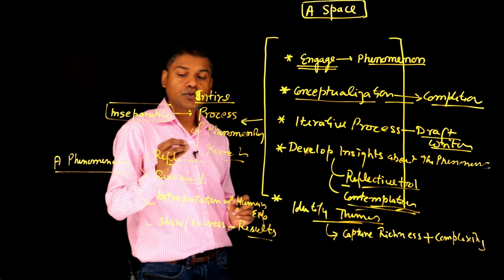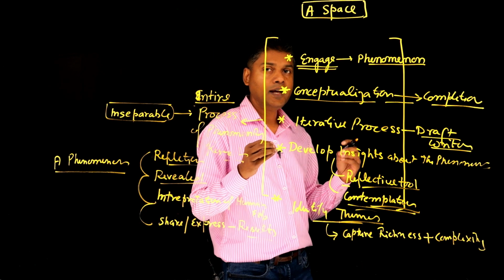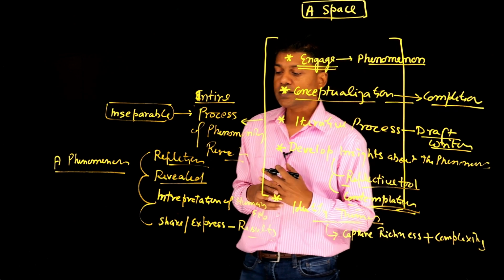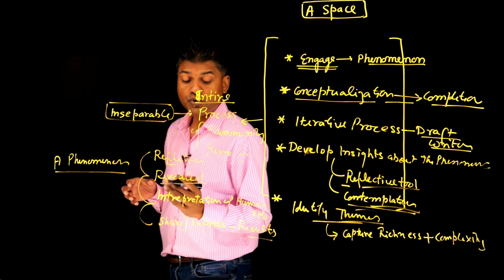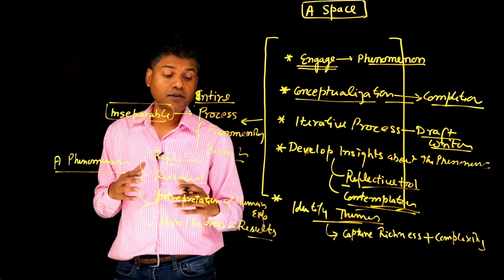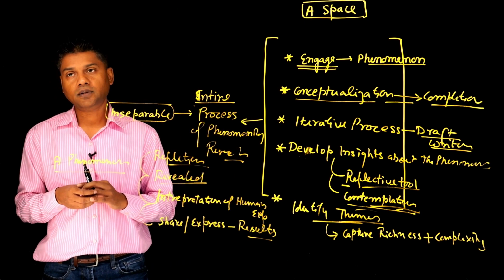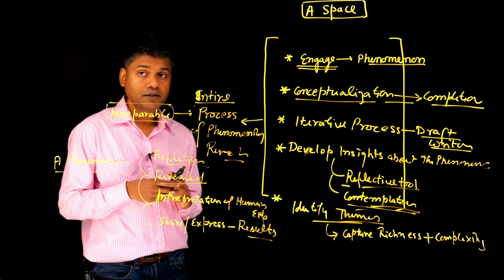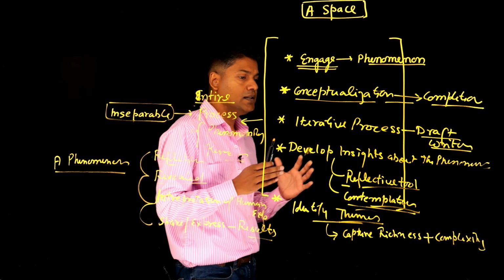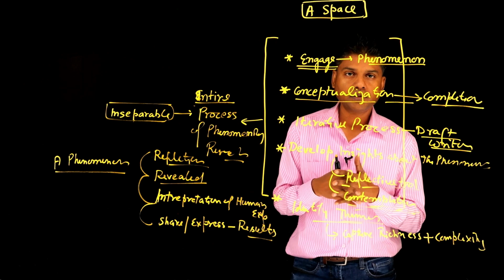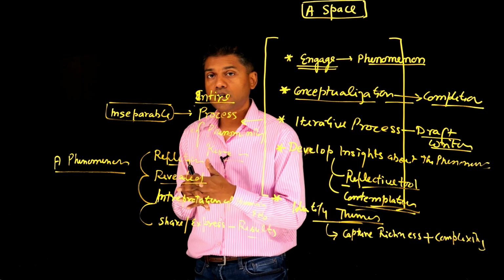Writing is used as a tool to help the phenomenon which is being investigated reveal itself. Writing is a tool used in the process of interpretation of human experience. Writing is a tool to share the findings of the study. So you see, writing is so much intertwined in the entire process of phenomenological study.